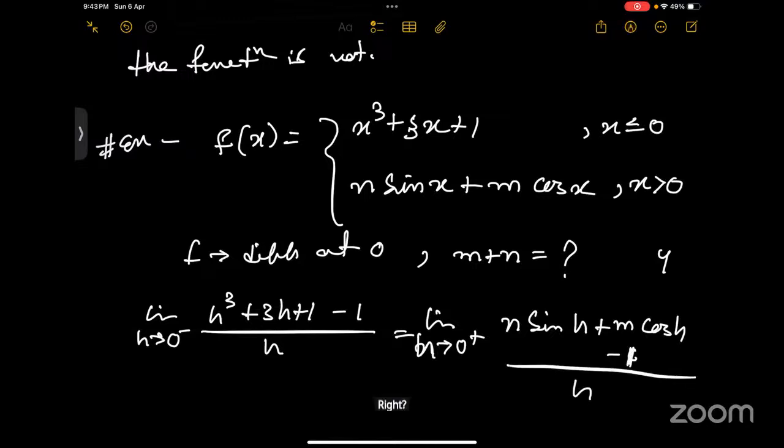Is it fine up to now? No, can you please explain the first one? That h cube plus 3h. So it is limit h tending to 0 minus, f of h minus f of 0, right?